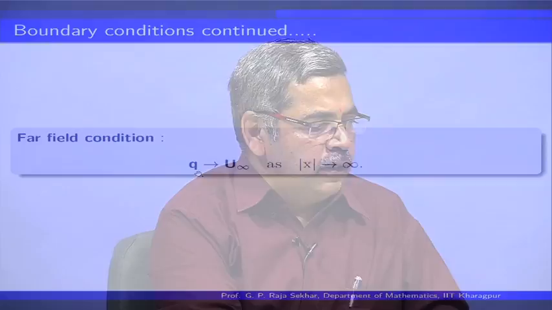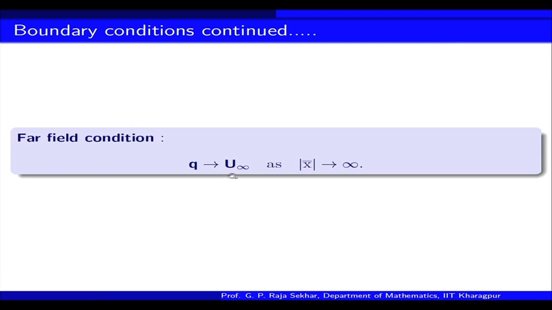Whatever disturbance you create, with whatever intensity, at some stage it dies away. So we expect a far field condition, where either the disturbance vanishes or something is provided at the far field. If some ambient conditions are given, the velocity agrees with some given ambient flow. That is a far field condition.